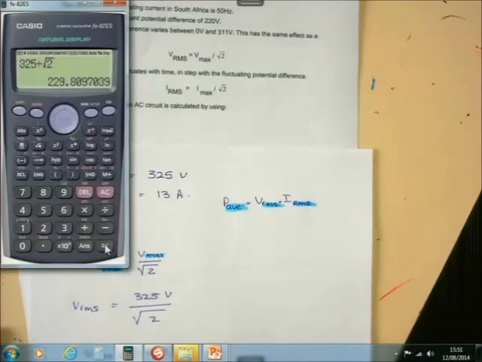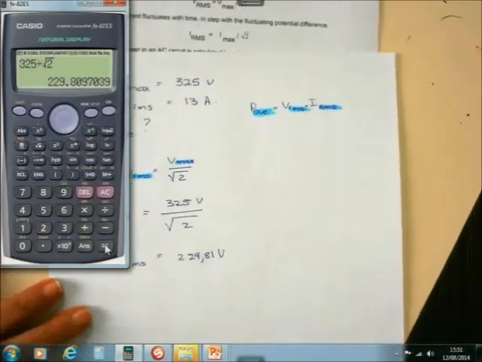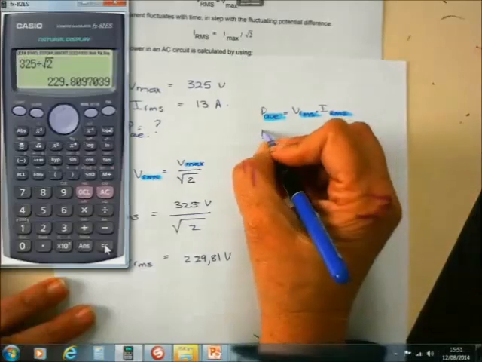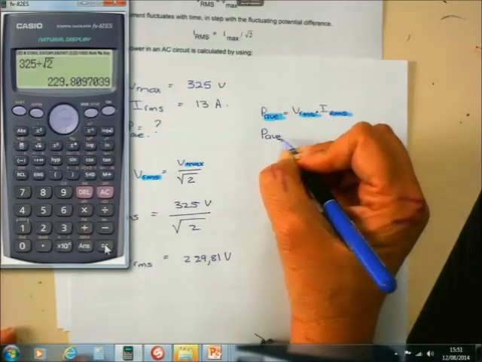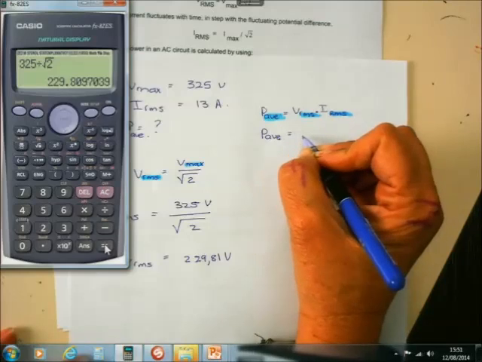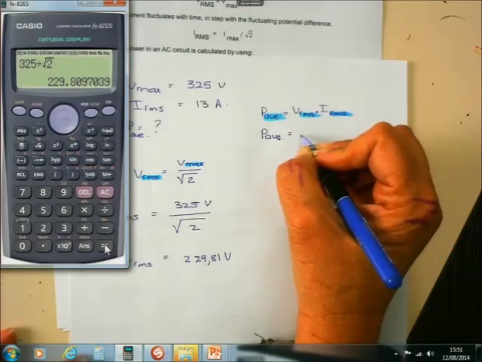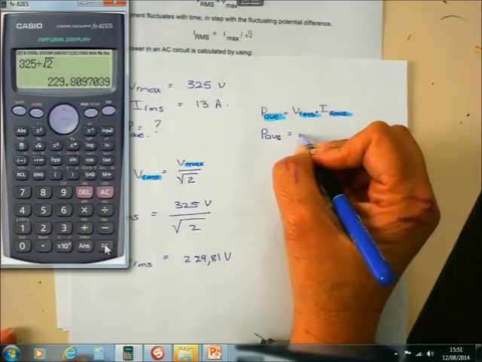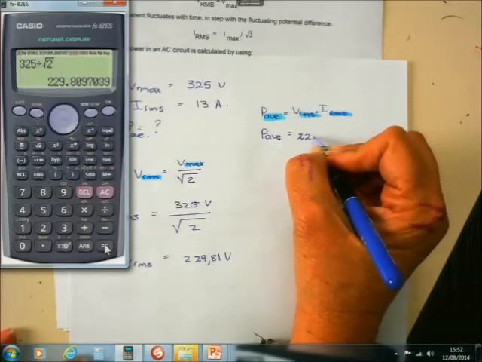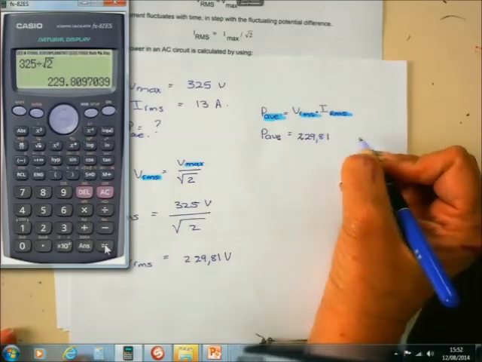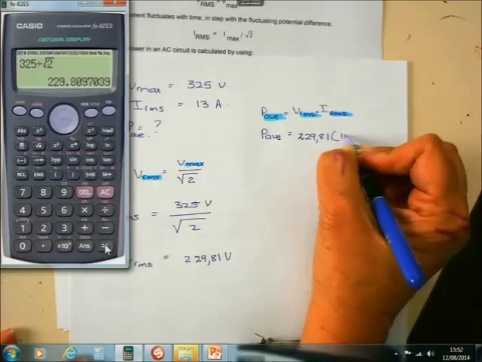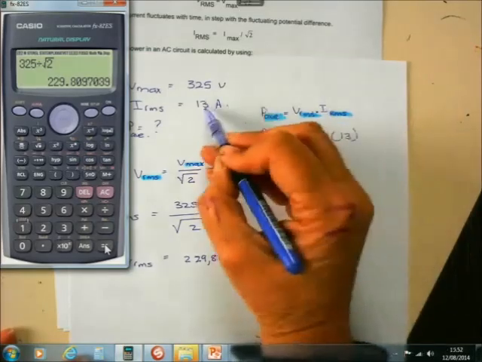Right. So now what do I do? Now I say P average, because that's what they want to know from me, is going to be equal to VRMS, which is 229.81, times 13, which is IRMS.